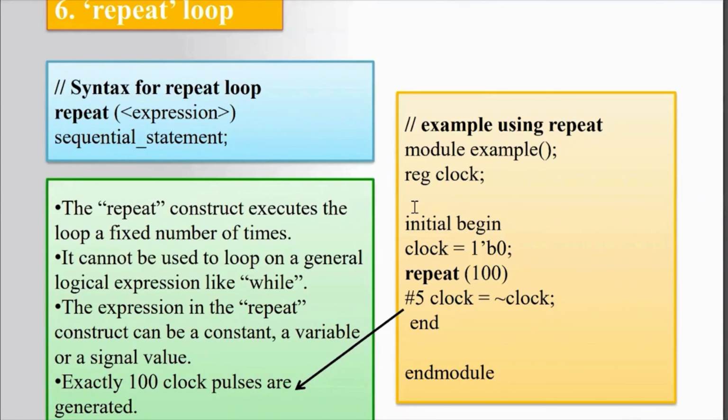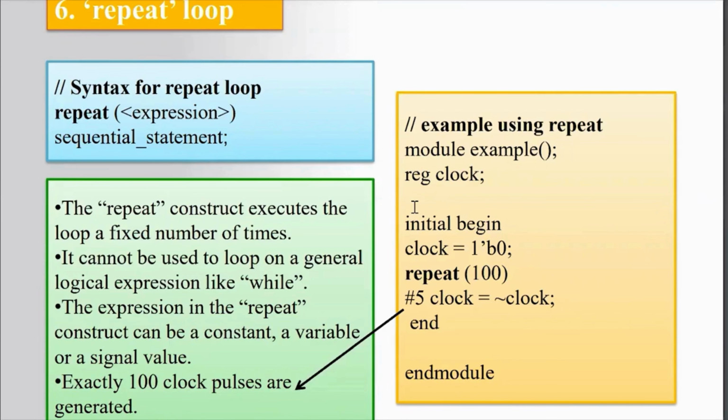Ma'am, initial block and always block are both procedural blocks. Initial block executes only at the beginning of simulation, and always block is a continuous loop, and unless we terminate it, it won't stop.